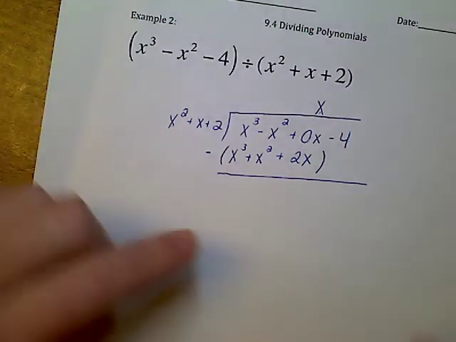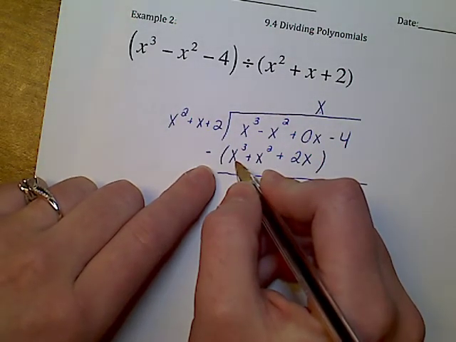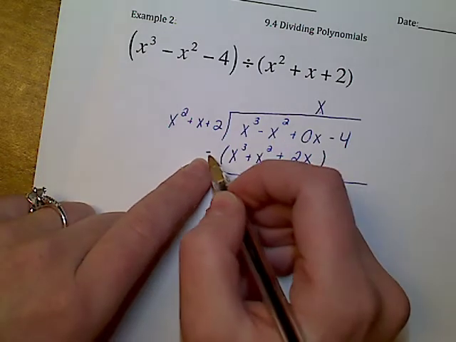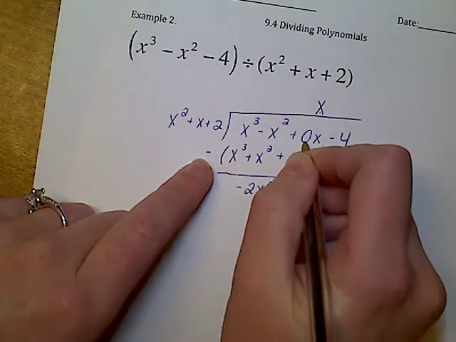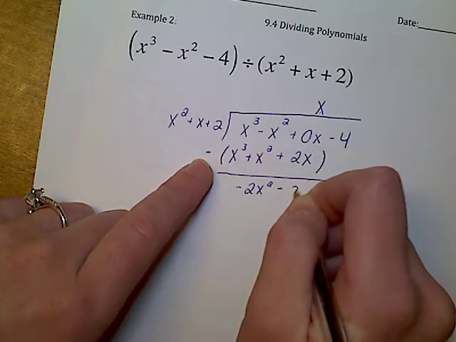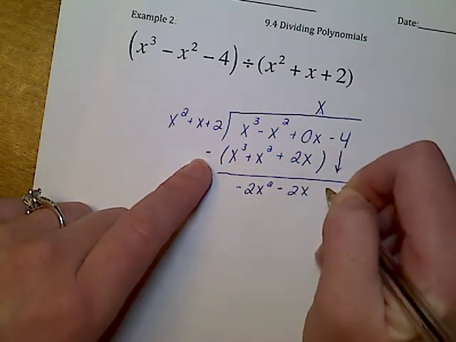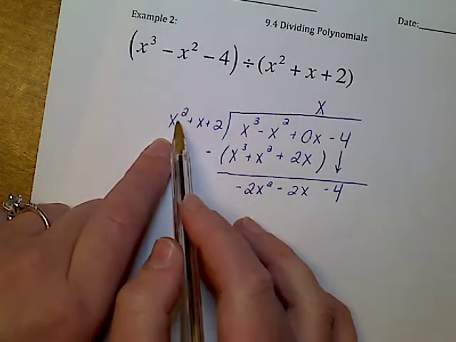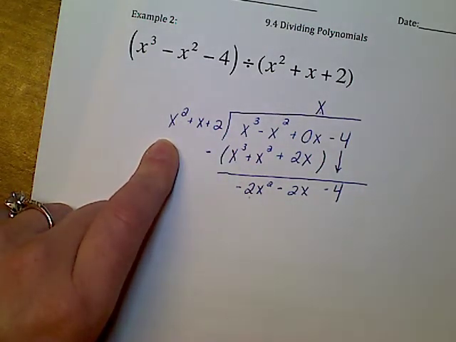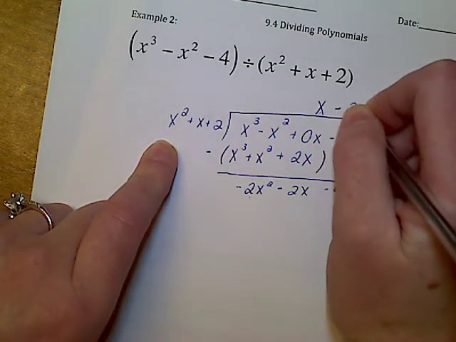I do that subtraction. The x cubes cancel. x squared minus x squared is negative 2x squared. 0 minus 2 is negative 2x, and then I bring down the minus 4. And I ask myself, x squared times what gets me negative 2x squared, and that answer is negative 2.